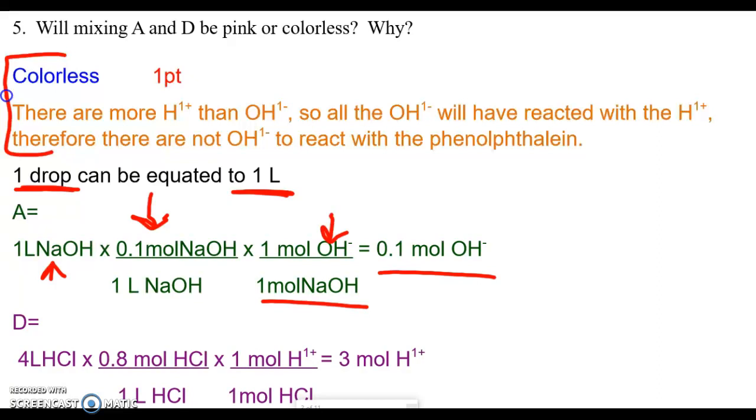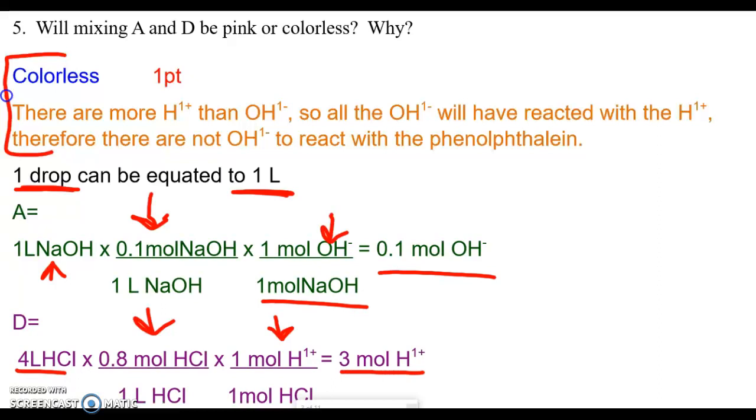Now I can do the exact same thing with D. Here I have 4 drops or 4 liters of hydrochloric acid. I use the molarity of that hydrochloric acid. In 1 mole of hydrochloric acid, I have 1 mole of hydrogen ions. And I end up getting an answer of 3 moles of hydrogen ions in the end.